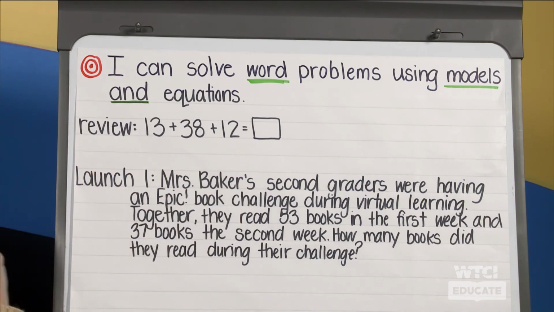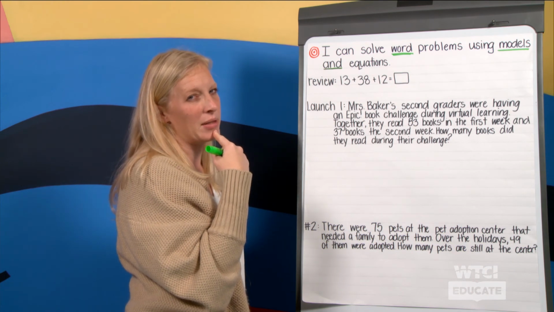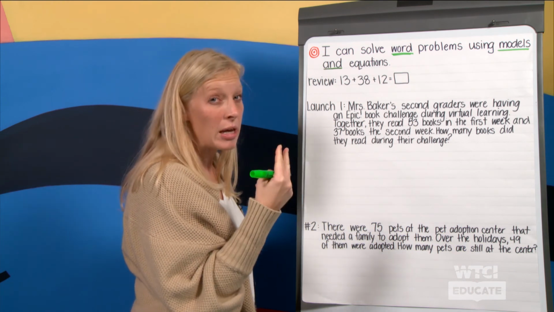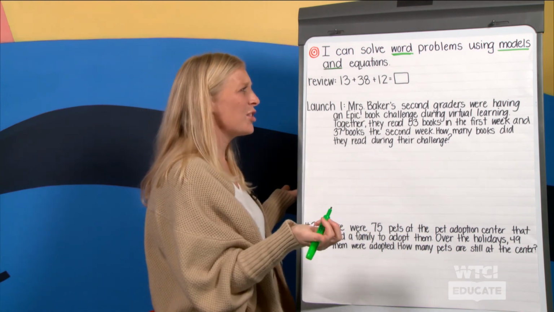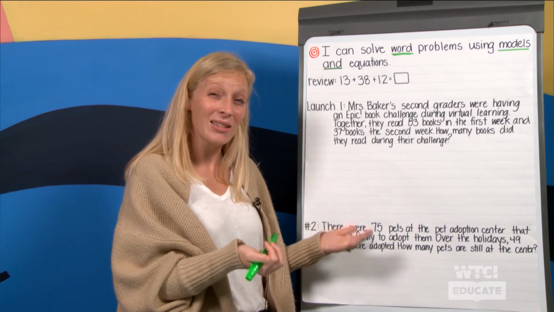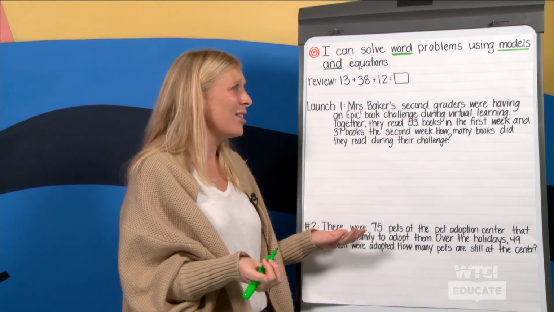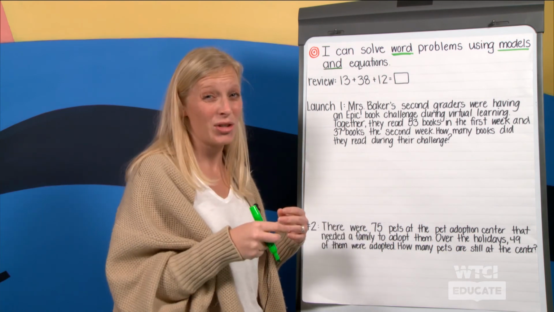If I remember right, we were trying to figure out some animals in the zoo. Remember that? Maybe some birds, amphibians, and reptiles? Yeah. So yesterday, we were breaking apart our numbers into 10s and 1s to make this easier to solve. So I'm going to show you what I hope you did yesterday.